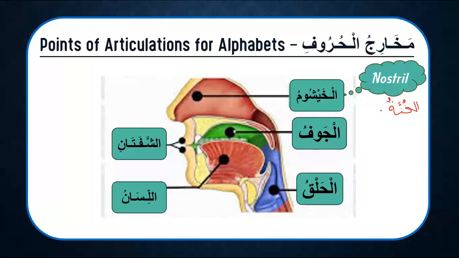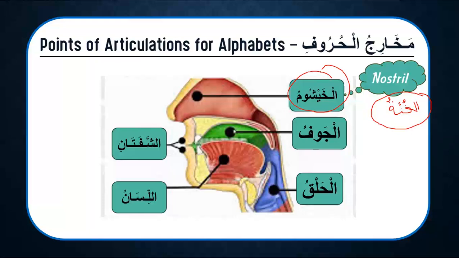The air coming from inside of your nostril trying to escape shows you that there's a sound coming from that place, and that sound is what we call in Arabic language al-ghunna, nasalization, if you like to call it that way. So that's the only thing that comes from al-khayshum, and that's our first point of articulation.